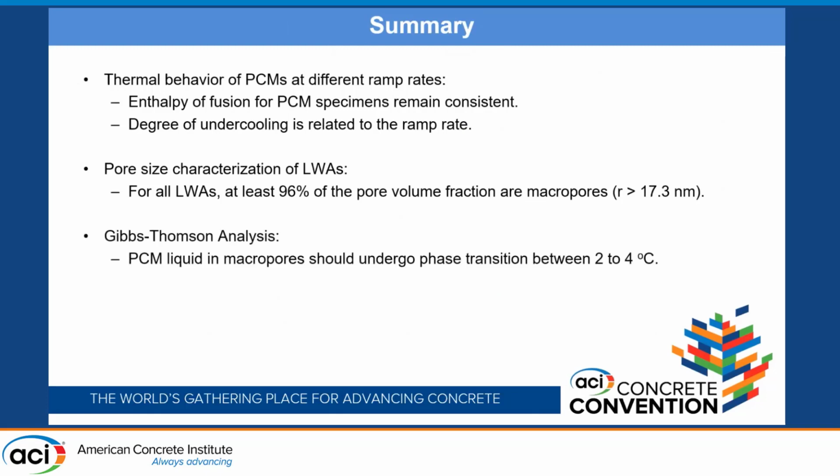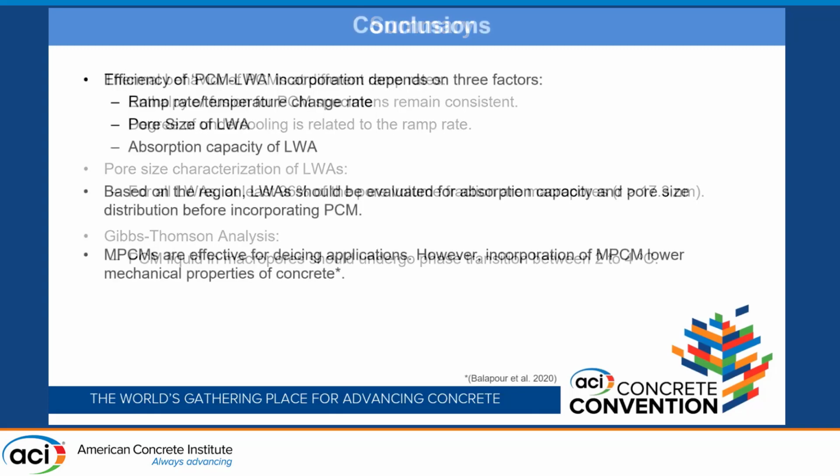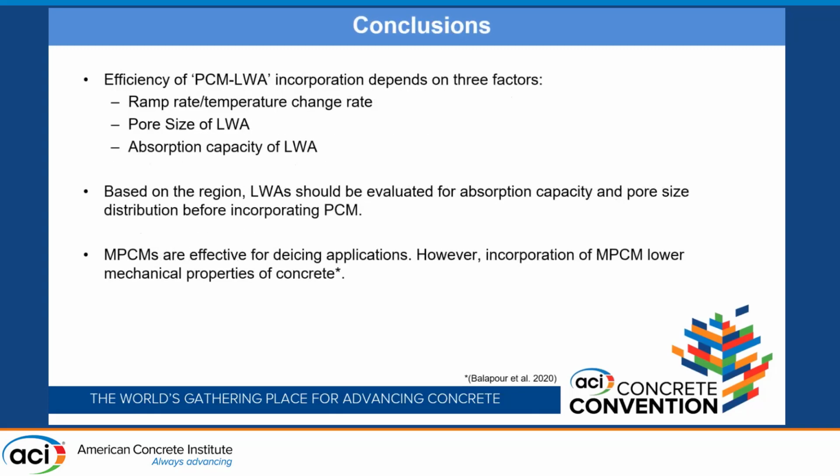As a result, we can say that the liquid in the macropores will undergo phase change between 2 to 4 degrees Celsius. So in conclusion, the efficiency of the PCM lightweight aggregates will depend on 3 factors: temperature change rate, pore size of the lightweight aggregates, and also the absorption capacity of the lightweight aggregates.